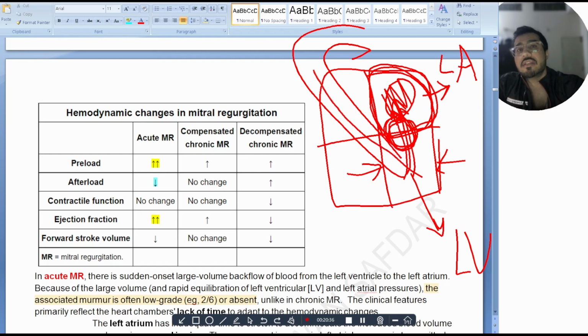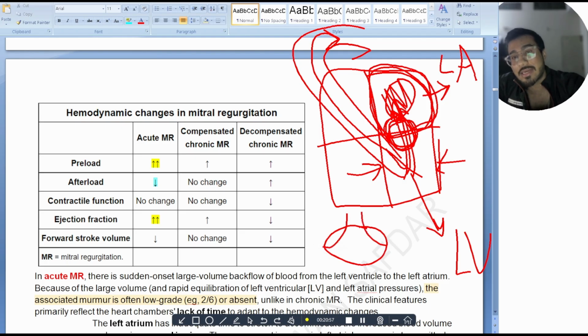The resistance against the aorta is the same, and the resistance against the blood flowing from the left ventricle to the left atrium also remains the same because there, for example, you can consider like if this is acute regurg, this is the amount of opening that is in acute regurg.